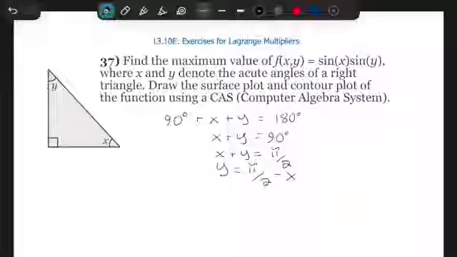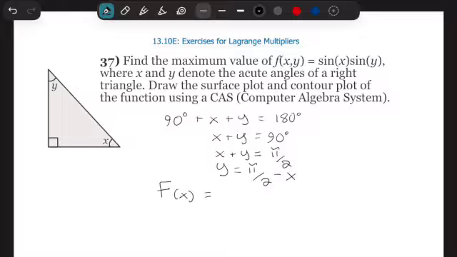Now, the first way that I'm going to be doing this problem is more of a Calc 1 approach. So we're just going to take this constraint and plug it right into the original function, and I'm going to define it as a new function in terms of just x to eliminate the y component.